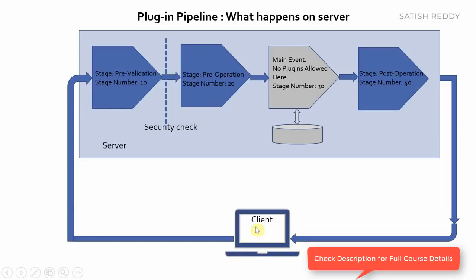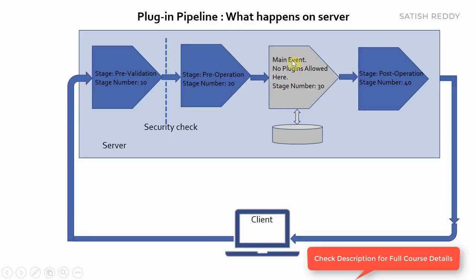As a user, when you change something on the contact, let's say you're creating the contact, you can imagine the data goes like this, into this stage. If you're writing any custom code, your custom code can access this contact data. You can modify the data with your custom code, and then the data goes to the next stage. Here also you have the opportunity to modify the data, and then it goes to the main event.